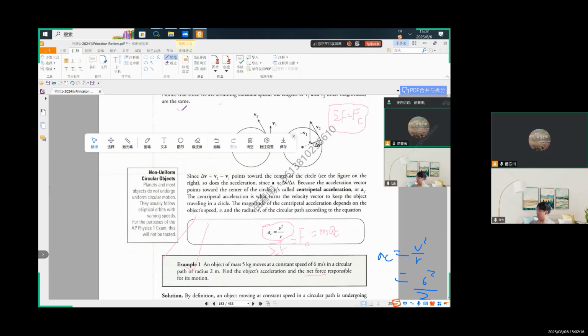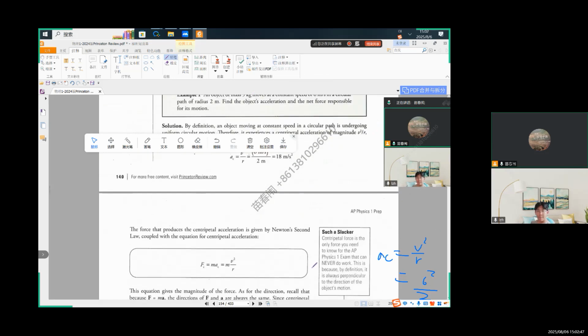You have to say your sigma F c, which means the force in the direction pointing to the center, is going to be F c. Does that make sense? Because anything perpendicular to that doesn't really count. So this is not a typical formula, although we use it a lot, but it doesn't always work.